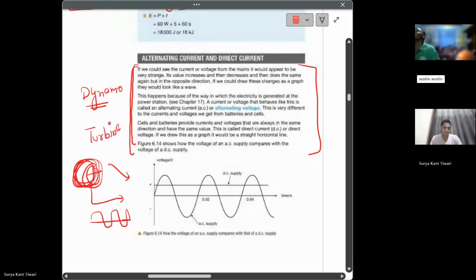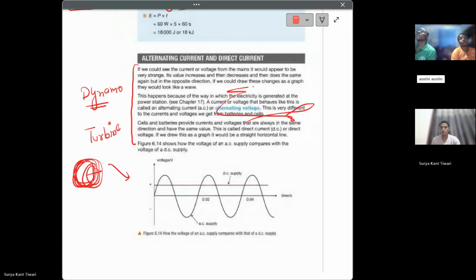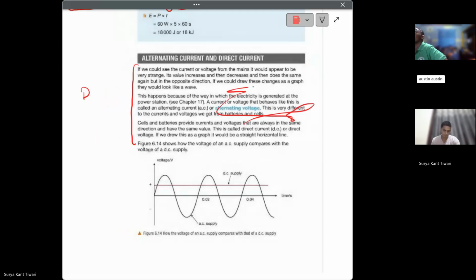A current or voltage that behaves like this is called alternating current, alternating voltage. This is very different to the current and voltage we get from batteries and cells.